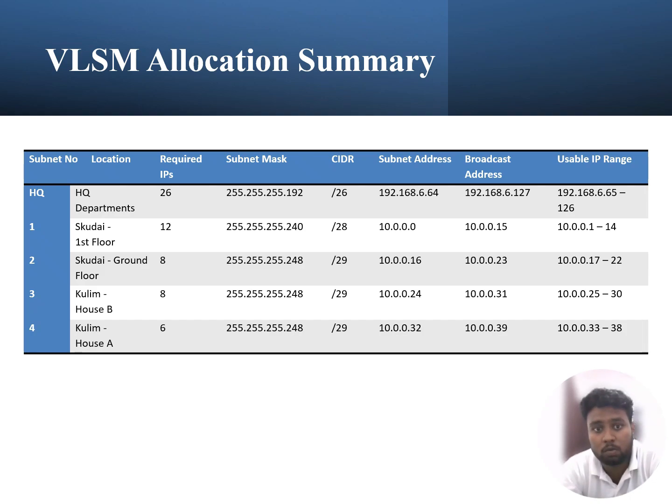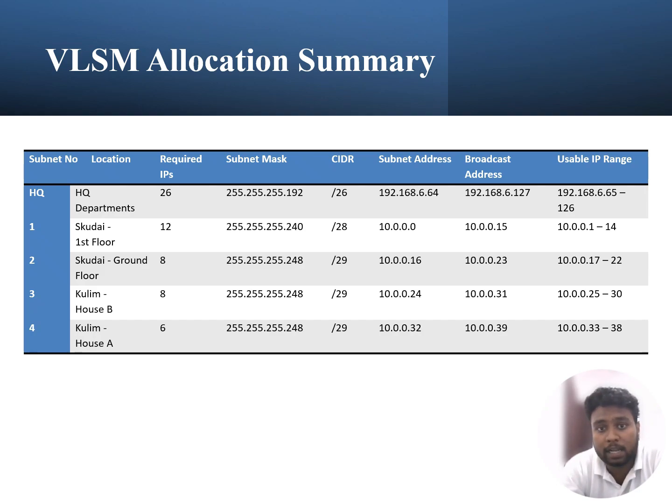For example, the Skudai branch first floor needed 12 IP addresses, so we assigned it a /28 subnet, which gives us 14 usable addresses. So its usable IP range is from 10.0.0.1 to 10.0.0.14. The Skudai ground floor only needed 8 IP addresses, so we used a smaller subnet, which is /29, giving exactly 6 usable addresses, which is just enough for the branch.